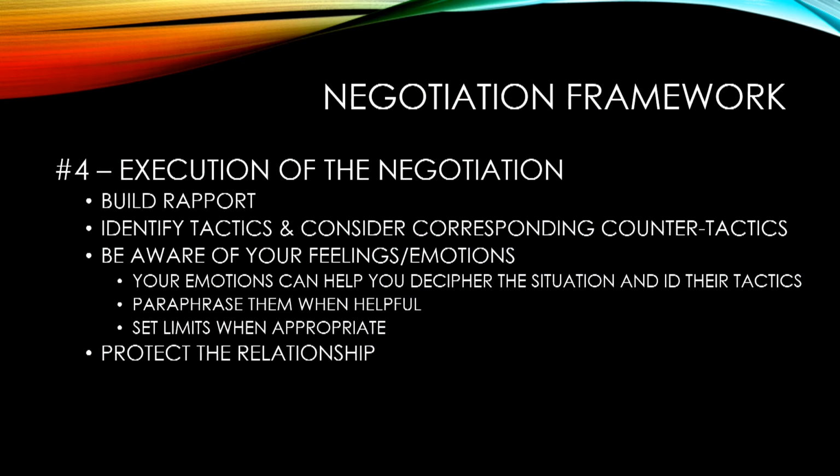If the negotiation culminates in agreement, you'll be working with that party to implement the agreement. The relationship's very important. If you don't come to an agreement, the door may still be open for this to occur in the future. You don't want to have the relationship be damaged by a negotiation, even if the negotiation doesn't result in agreement. And therefore, it's important to guard the relationship along the way.